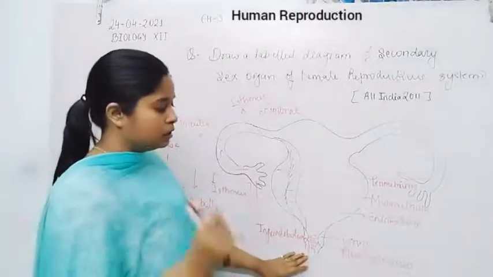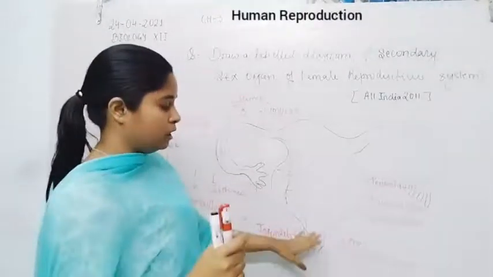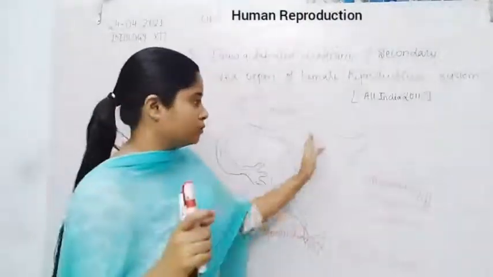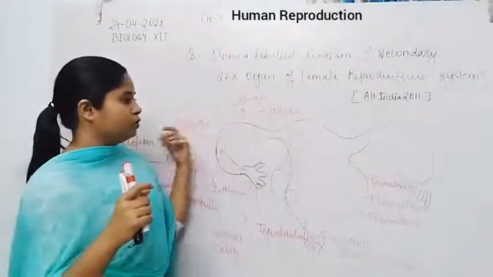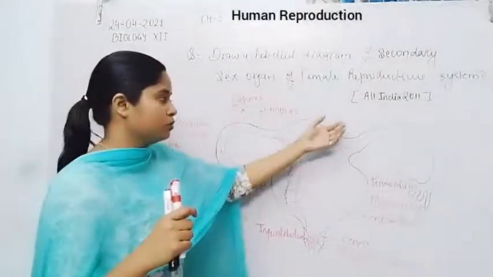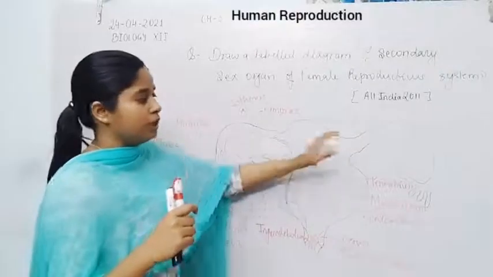Then this plug is released out through the vagina for the entry of the sperm into the ampullary region of the fallopian tube, so that they can easily fertilize the ovum.